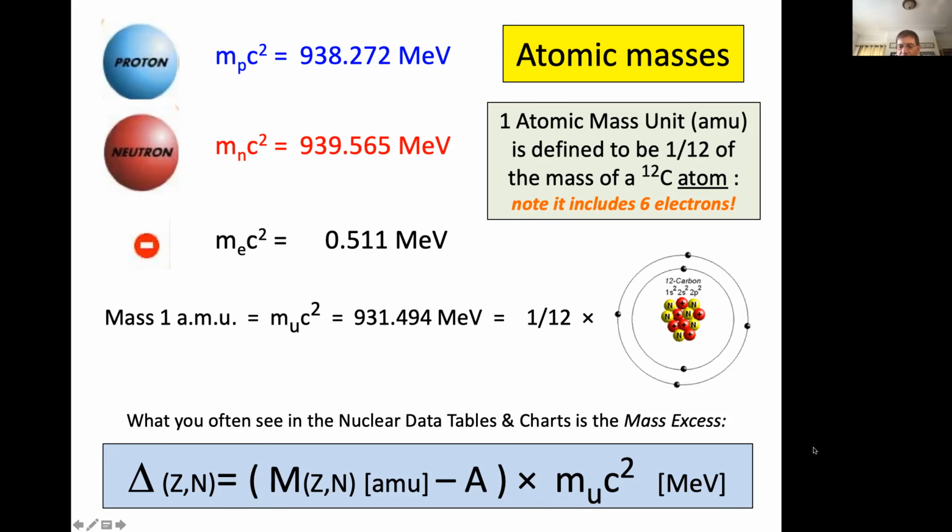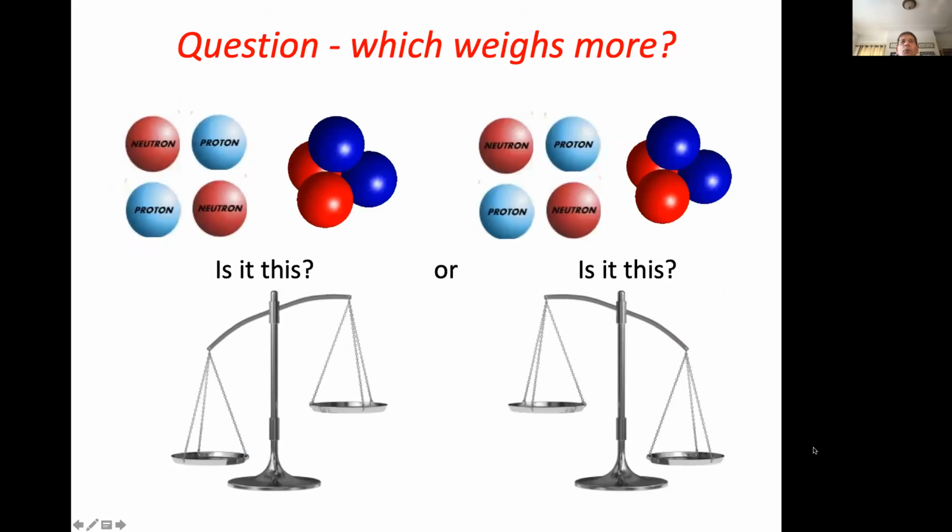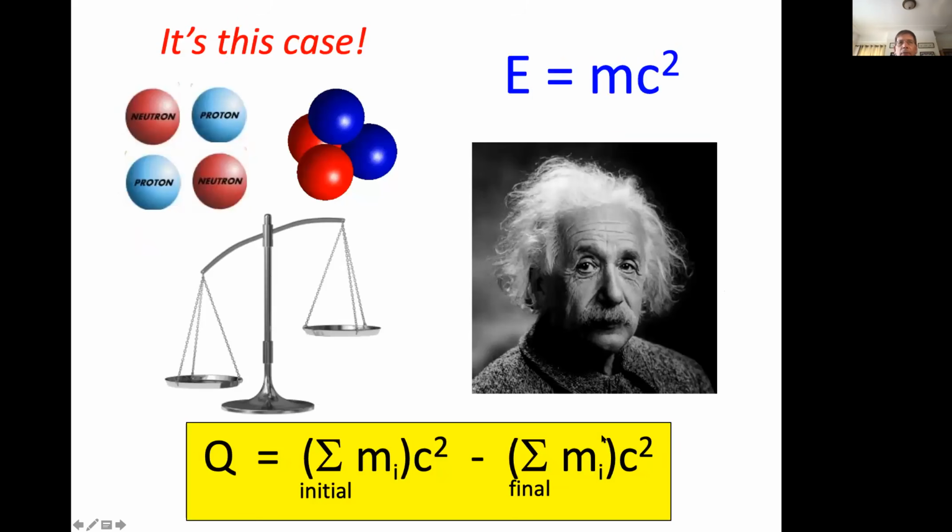Last time we did a little bit of a quiz, and we asked the question, what weighs more, the 12 unbound nucleons or the bound carbon-12 nucleus, or 4 unbound nucleons and a helium-4 nucleus, i.e. an alpha particle? And we were reminded that, in fact, the unbound system weighs more.